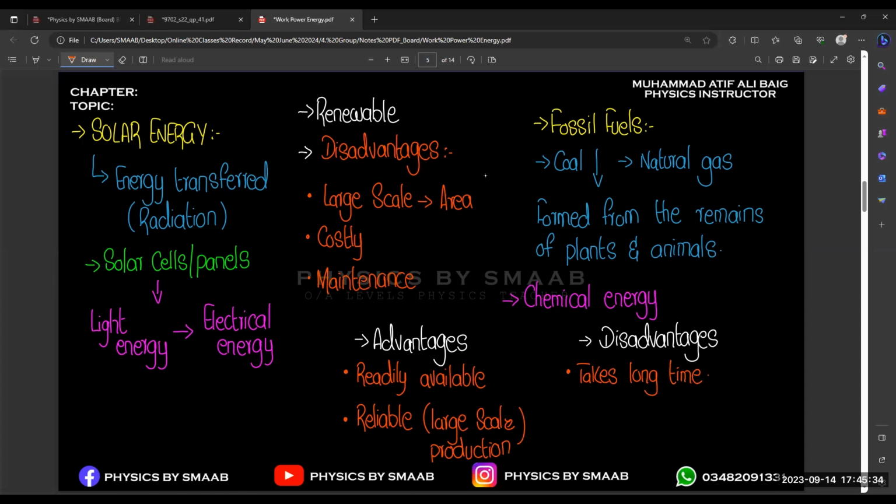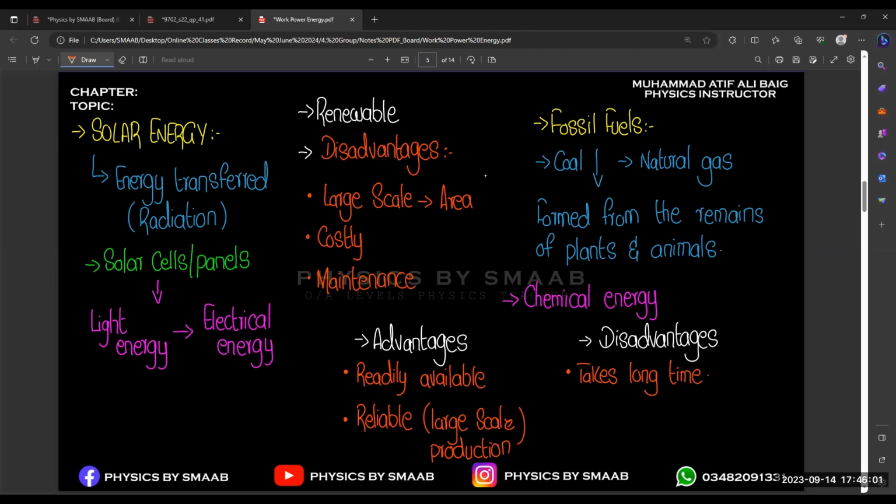And the most important thing is the amount that we are using on a daily basis, so it will run out very shortly, right? Because we already know the prices of all the things, like we are using fuel and we are consuming different sources of fossil fuels in our daily life in very high quantity, so it will run out very shortly, right?